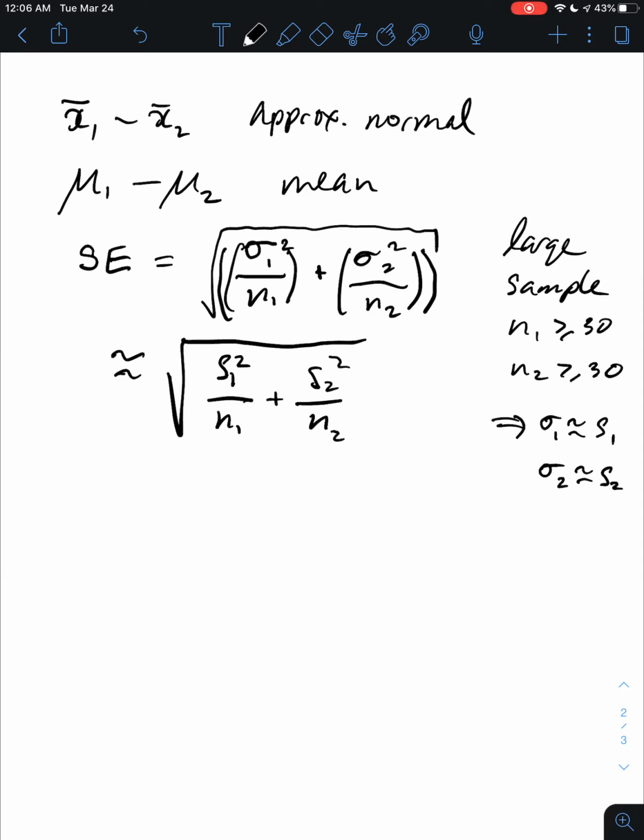However, it is a reasonable approximation that is shown to be acceptable for a large sample. That is really all that we need to know in order to make this work for us.